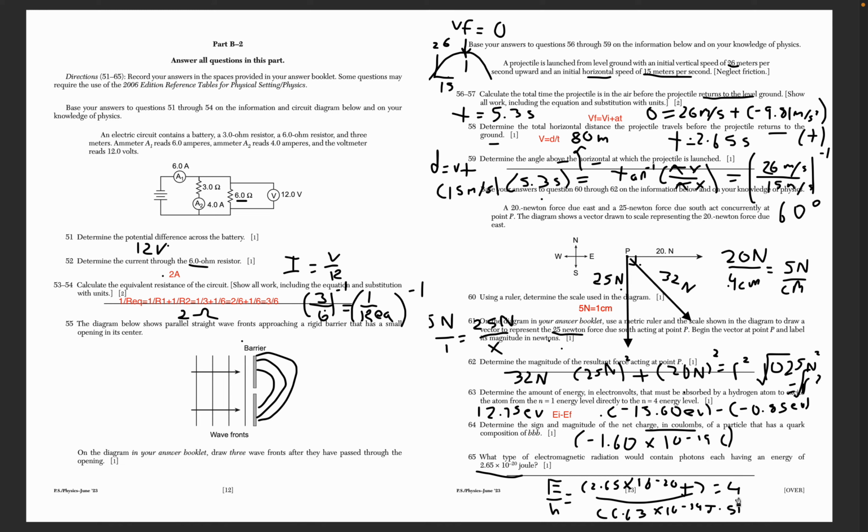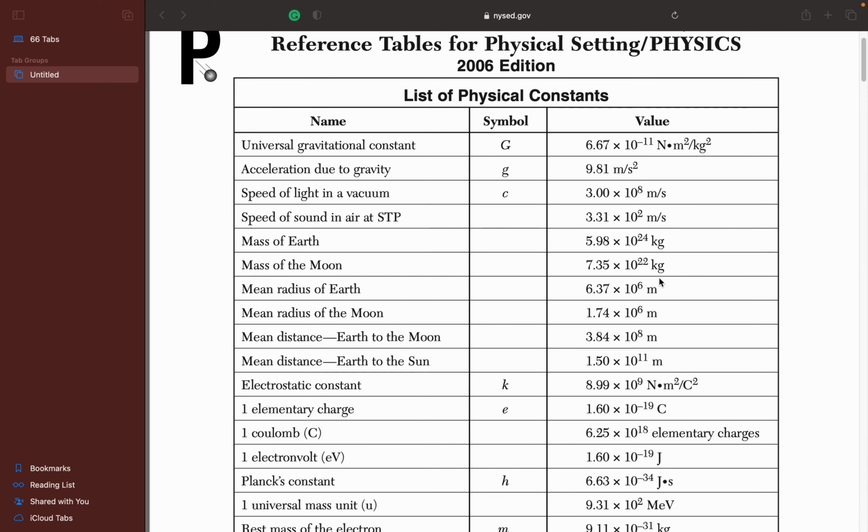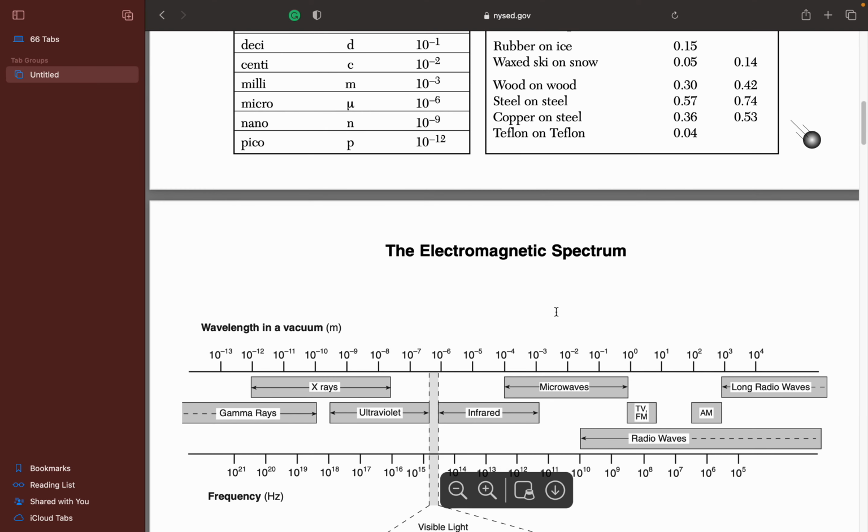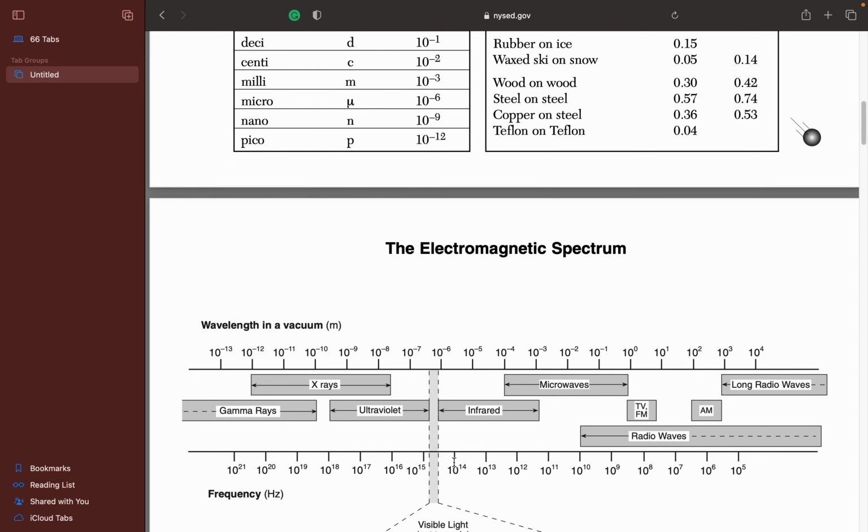4 times 10 to the 13. Then if you go on the electromagnetic spectrum, you're going to see that a frequency with a power exponent of 13 is equivalent to infrared.